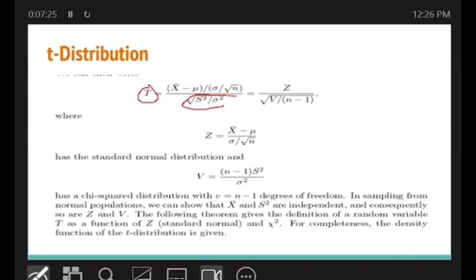So which means the T distribution comes from a Z distribution. When I divide a Z distribution by that guy, I'm actually going to have a T distribution.